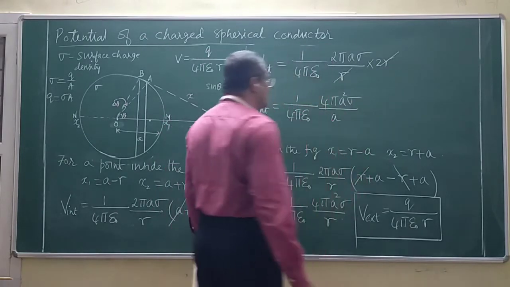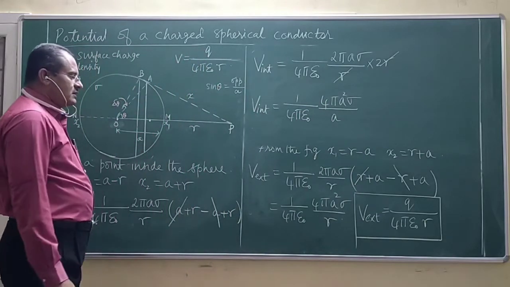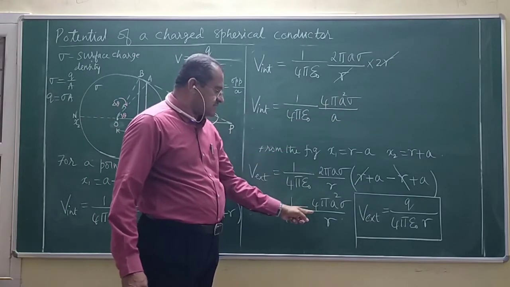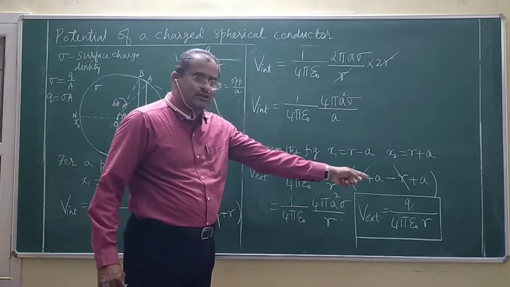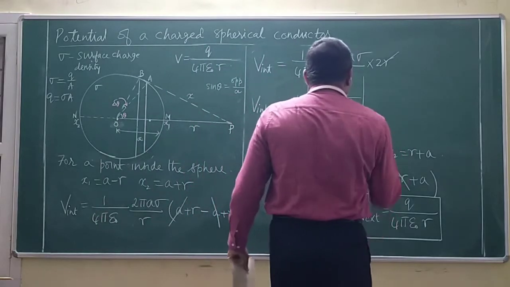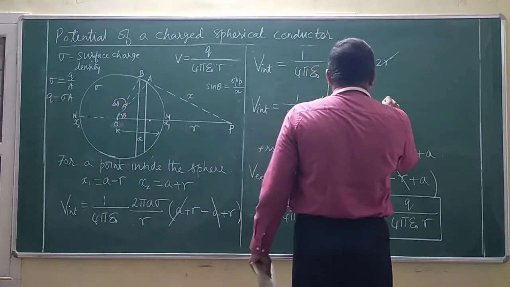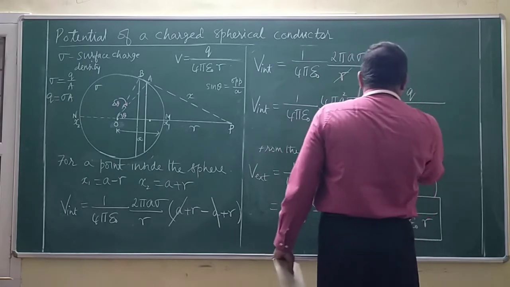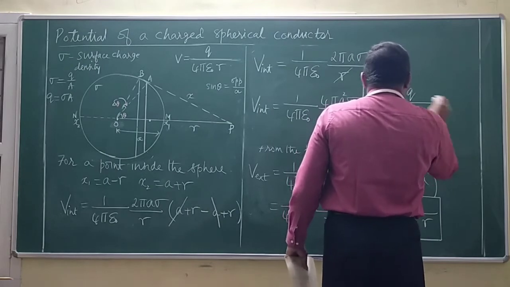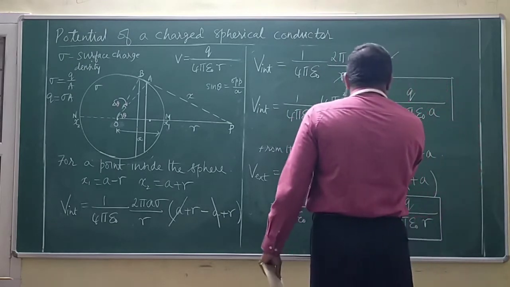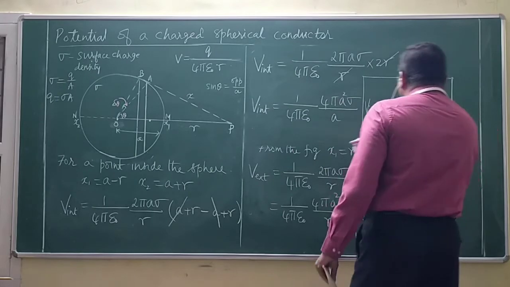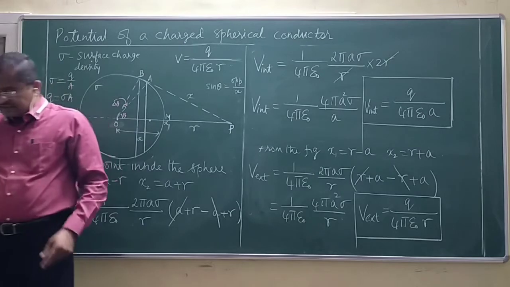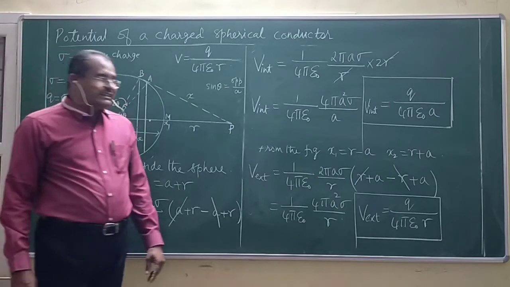Dividing this expression by A, I get A. Now, it becomes very clear, 4 pi A squared sigma, previously we have replaced by Q. Therefore, I will write V internal is equal to Q by 4 pi epsilon naught A. Therefore, at an internal point, electric potential is the same at all internal points.